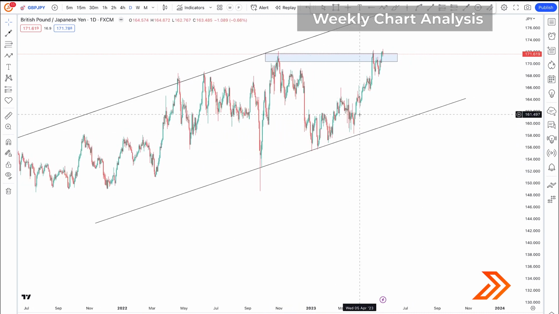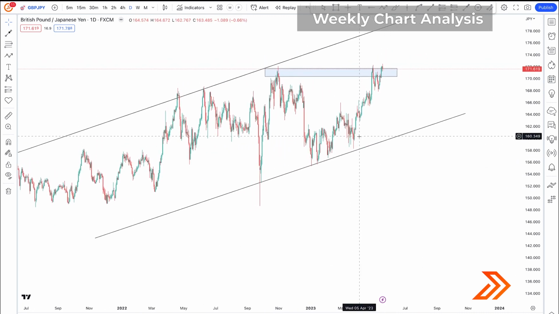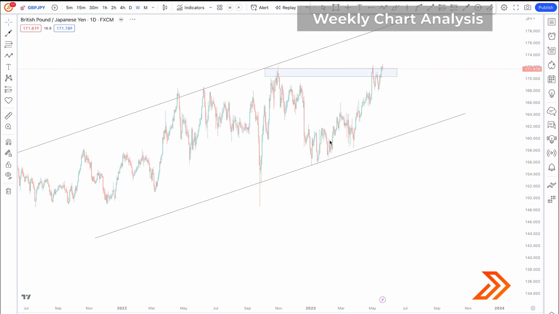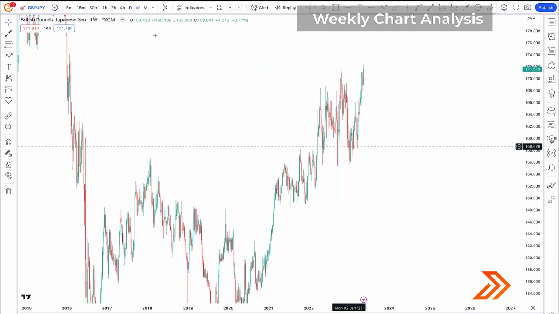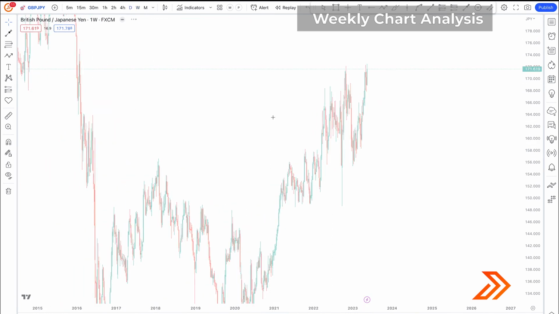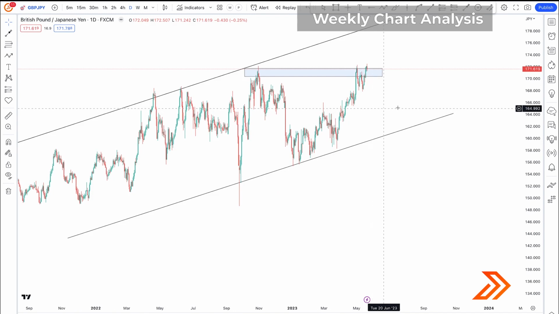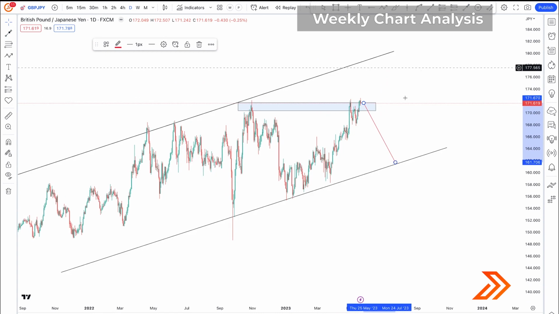So long term, in as much as the price has been bullish, I personally feel that we should be expecting more of a change of direction on pounds JPY. We should be expecting more of a change of course on pounds JPY, and then I'm expecting more of price coming back down to retest this low before making another push back up.